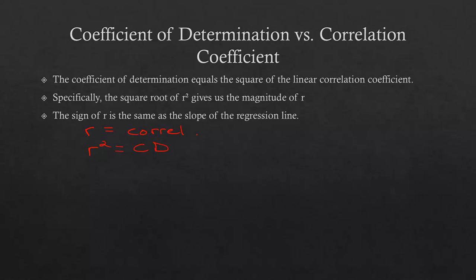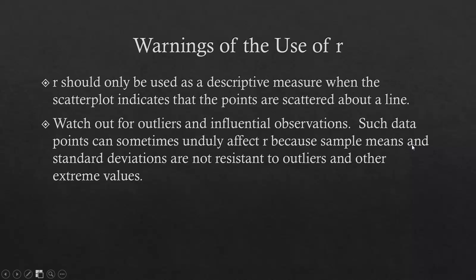So, for instance, we figured out that R was -0.92. Well, if we want to know the coefficient of determination, we can figure out R squared, and if you square -0.92, you're going to get 0.85. And if you go back and look at your data from your calculator, that's exactly what we got.